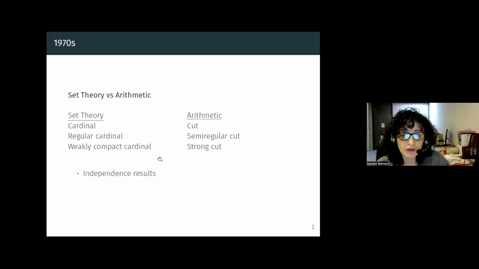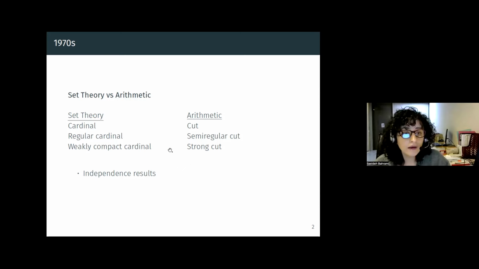For example, the first mathematical first order property that was found after Gödel's achievements was by the work of Paris-Harrington. It was about the strongness of the standard cut. They found models in which the standard cut is strong, and there are some models of Peano arithmetic in which the standard cut is not strong.